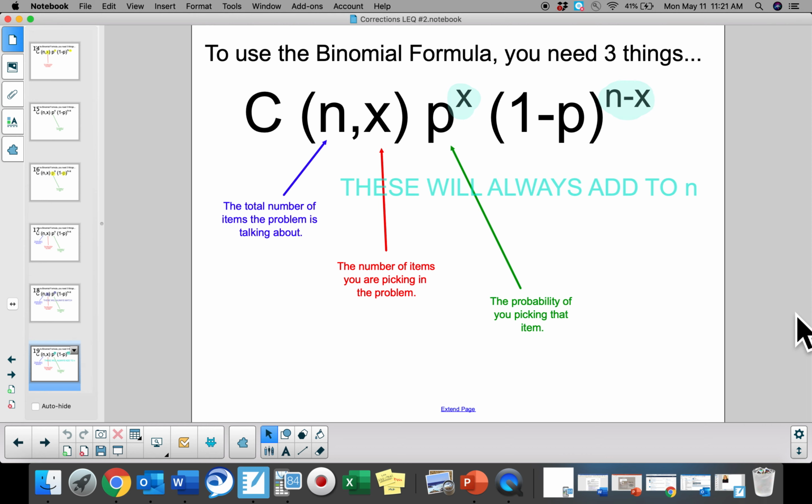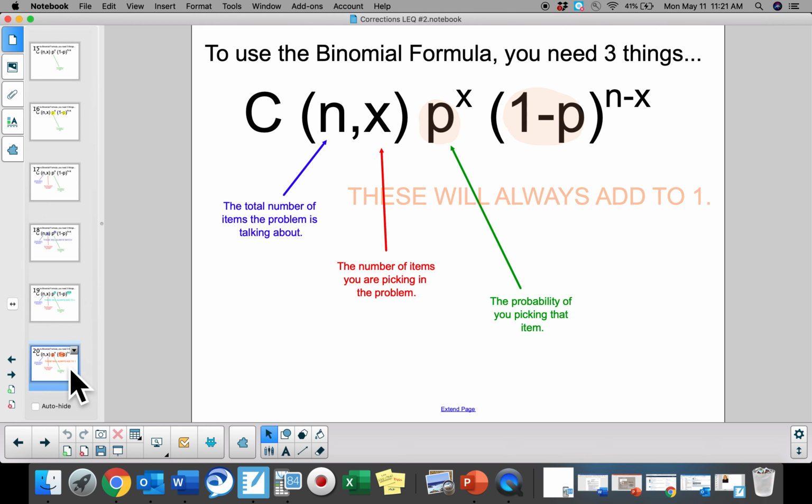The two powers that you have written on top will always add to N. Whatever the N is in the problem, whatever you put here in the front, these two powers will add to that number right there. And lastly, the two highlighted pieces, P and 1 minus P, will always add to 1.